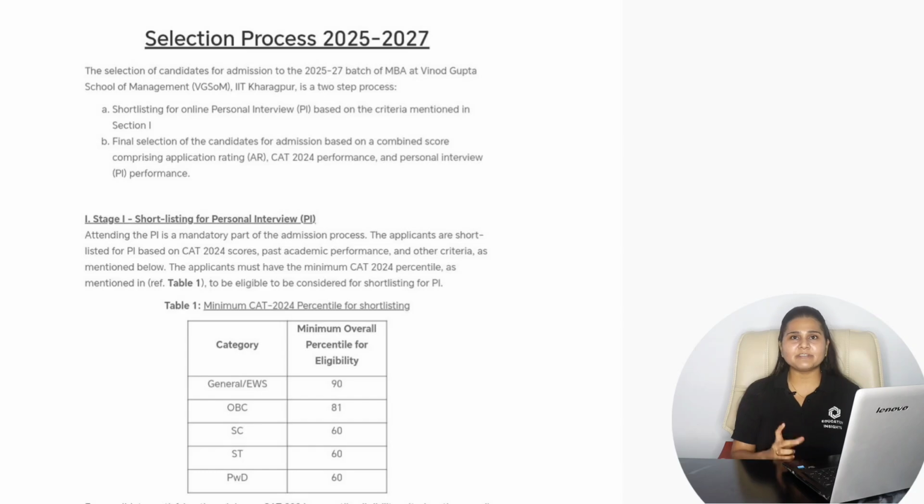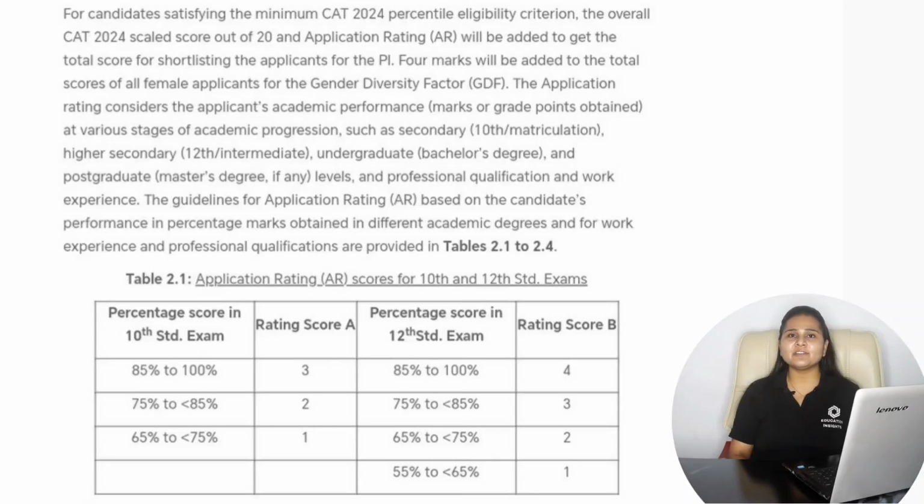The minimum CAT 2024 eligibility criteria by category: for the general and EWS category it is 90 percentile, for OBC 81 percentile, and for SC, ST and PWD category it is 60 percentile. Candidates with this minimum percentile in CAT 2024 are considered along with their application rating. This is added to calculate the composite score, and on this basis the candidates are shortlisted for the personal interview round.